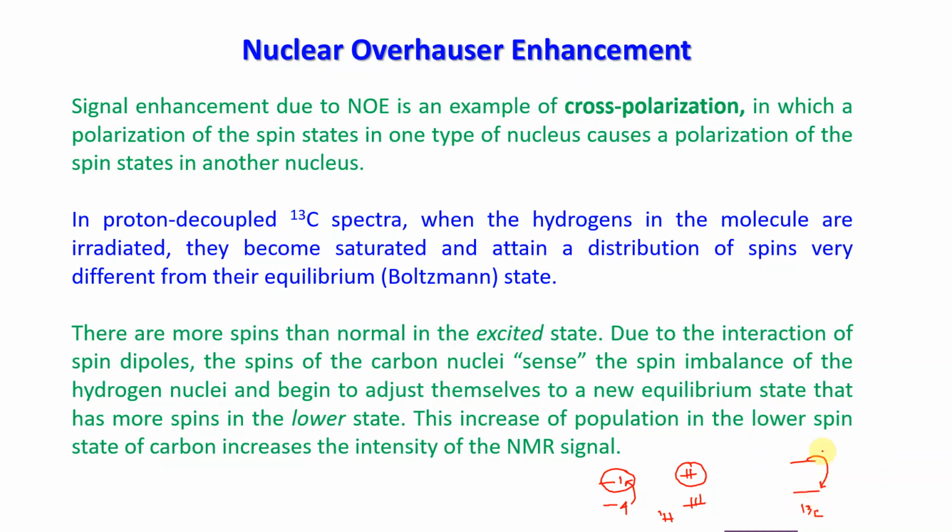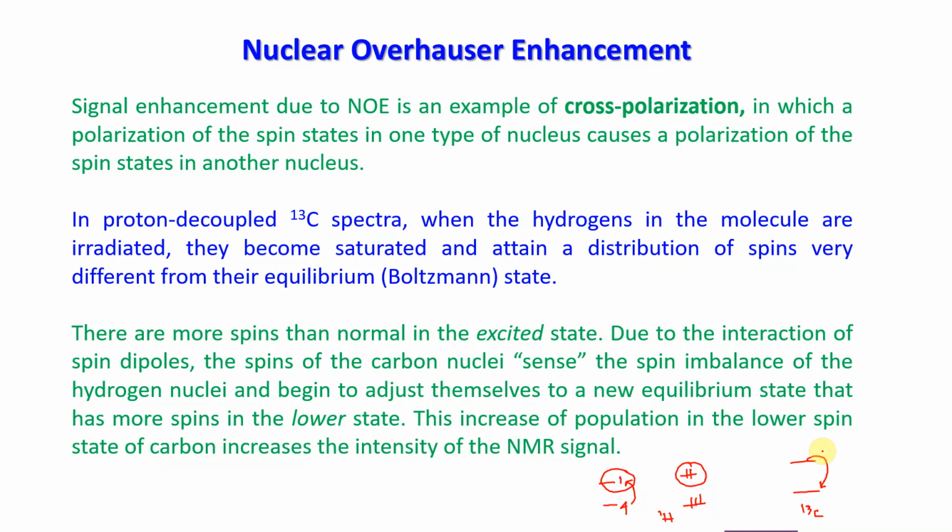So you got the idea of what is told here. The nuclei which is undergoing saturation, its excited state population is increasing, which changes its spin polarization.